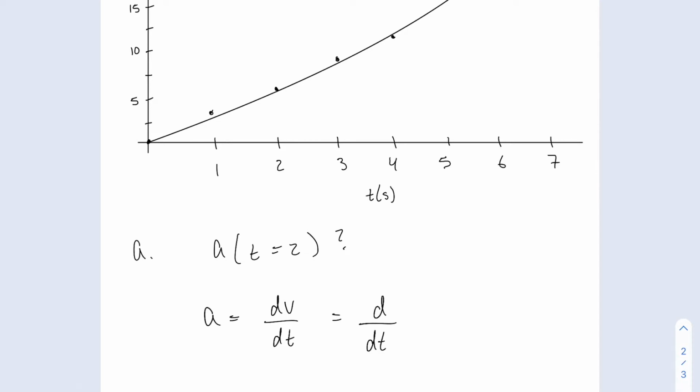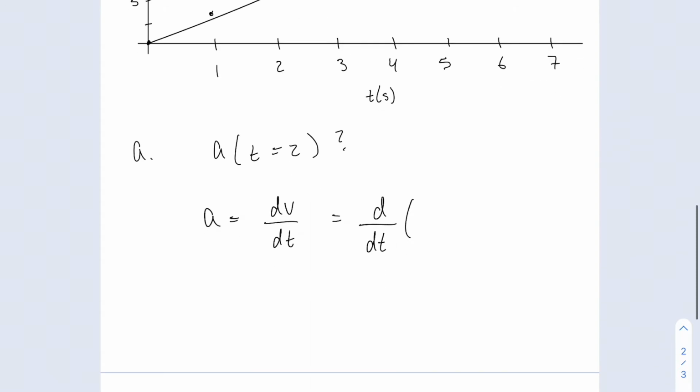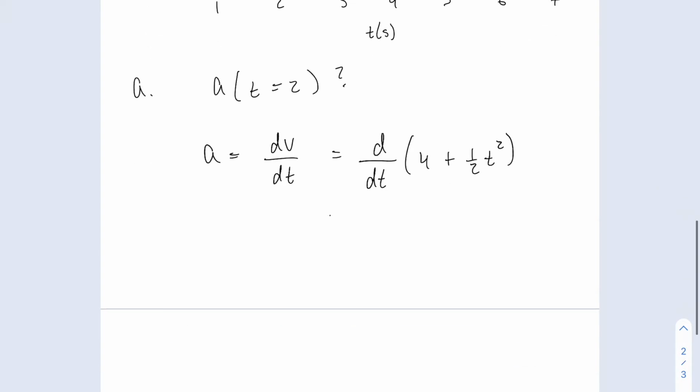So that's going to be the derivative of the function 4 plus 1/2 t squared. You do the derivative of each term, derivative of a constant. In other words, the slope of a constant is 0. So that first term goes away.